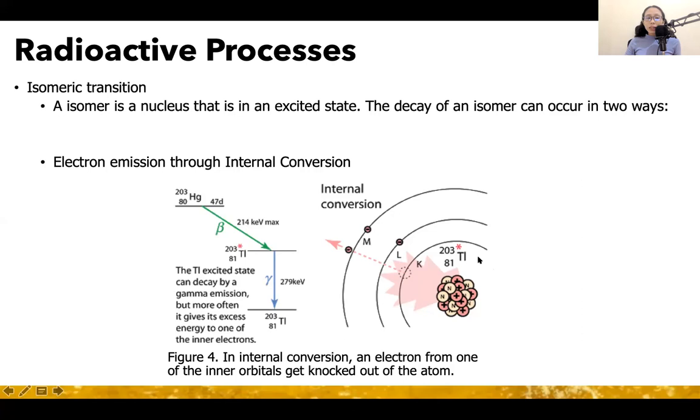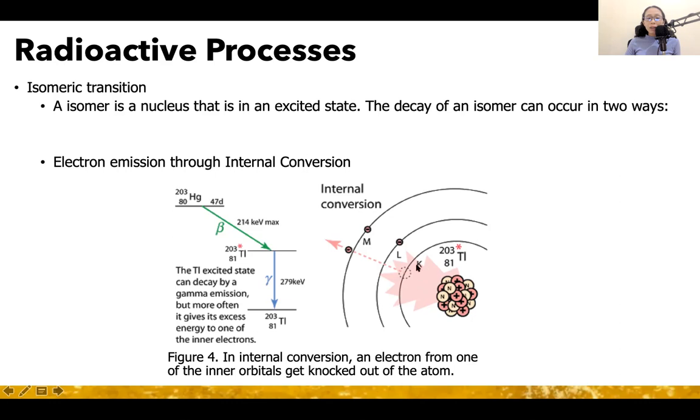This is another example of a direct interaction of the nucleus with the orbital electrons revolving around the nucleus. So we've seen the first one, which is electron capture, right? So this is the second time that we see a nucleus interacting with orbital electrons.